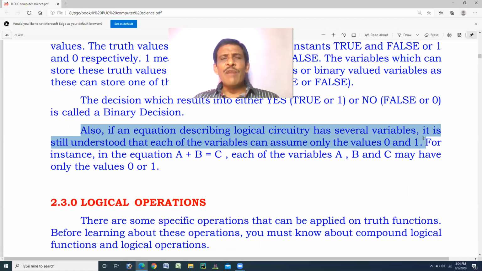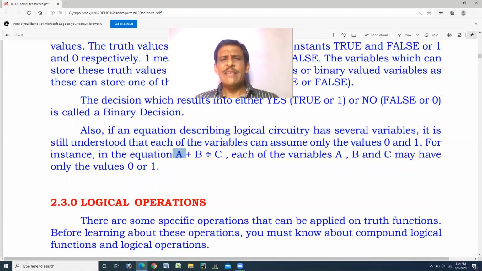Whatever the number of variables in the equation or in the logical circuitry, their values must be either 0 or 1. For example, if you take a plus b equal to c, each of the variables a, b, c may have only the value 0 or 1. This is all about binary valued quantities, that is, variables and constants.